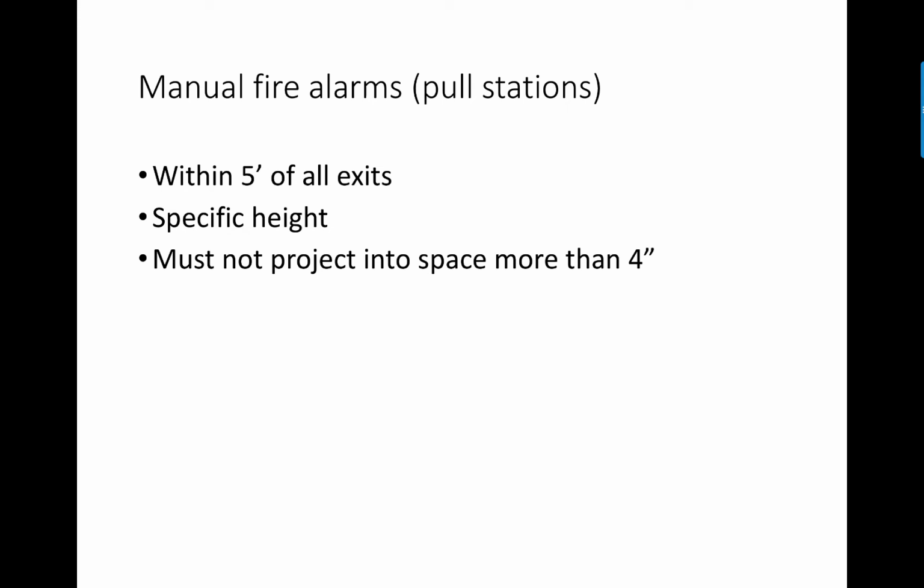While I'm here, I'll talk about manual fire alarm pull stations, which are not on the ceiling. You don't typically show those on your reflected ceiling plan. But as long as we're talking about all this other stuff, strobe lights and that sort of thing, we might as well talk about fire alarm pull stations. Again, not required in residential applications, but for all non-residential applications, I believe they are required.